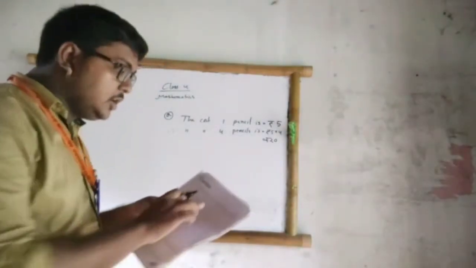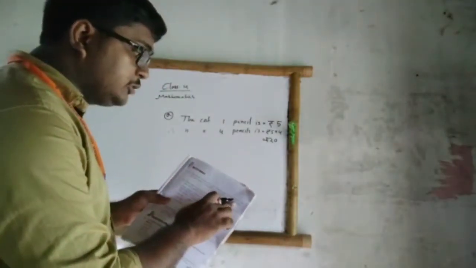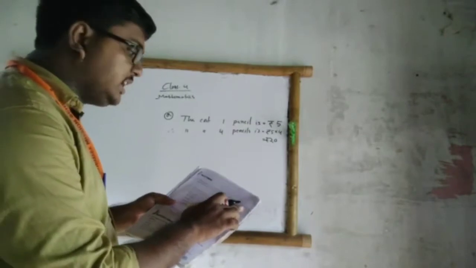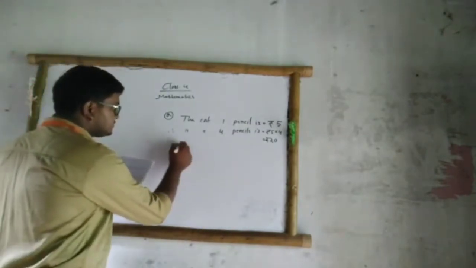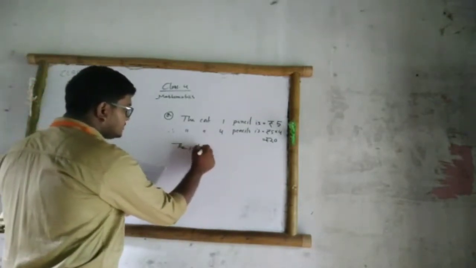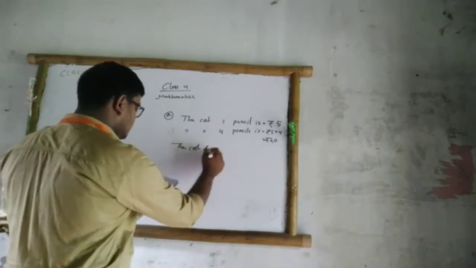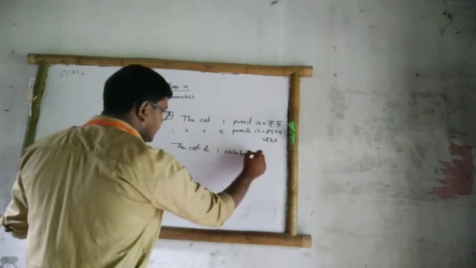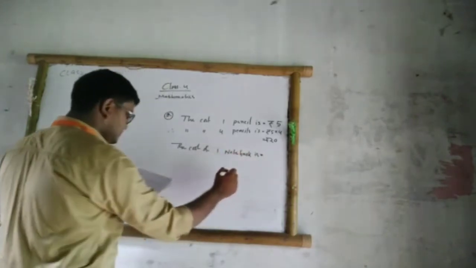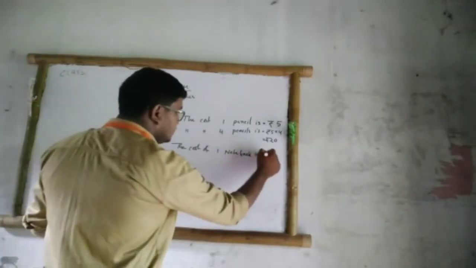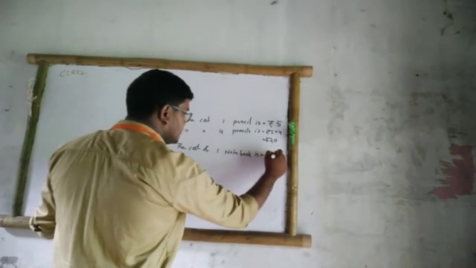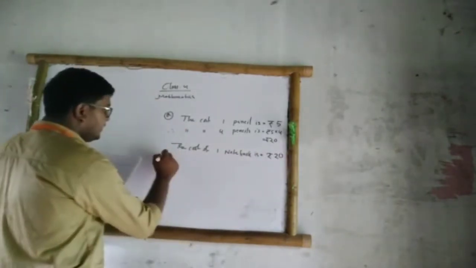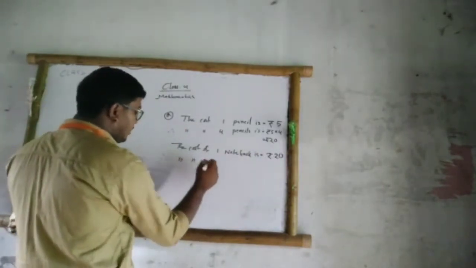Next part is Mohan bought 3 notebooks for rupees 20 each. So the cost of one notebook is equal to rupees 20.